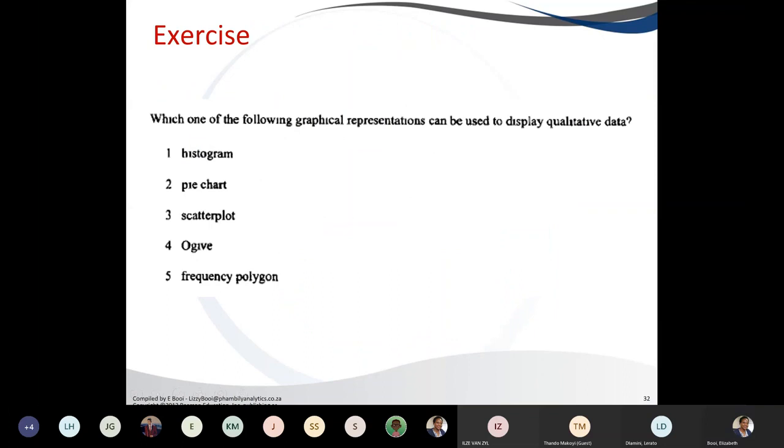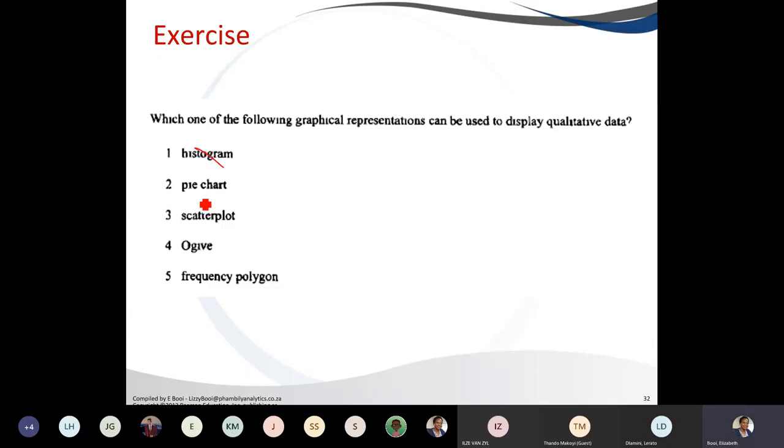Okay, another exercise. Which one of the following graphical representations can be used to display qualitative data? From what we just did, we know that qualitative data can be in a frequency table, pie chart, or a bar chart. So let's look here. It says histogram.